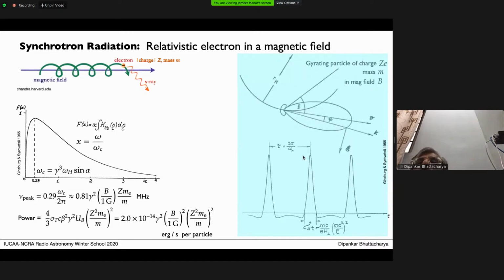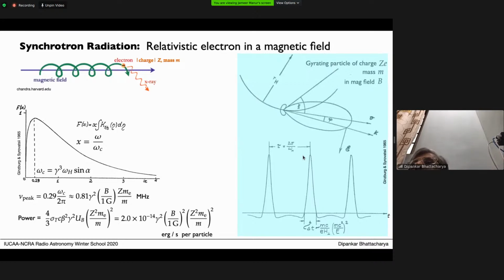Right. So in that limit, this radiation is called synchrotron radiation. Now here, in this right-hand diagram, I have shown a part of an orbit of an electron. And because of the strong relativistic motion, the electric field is now beamed very strongly in the forward direction of the motion of the electron.